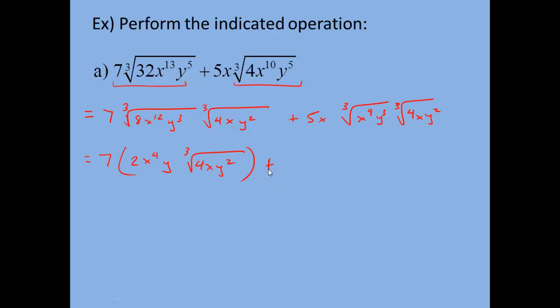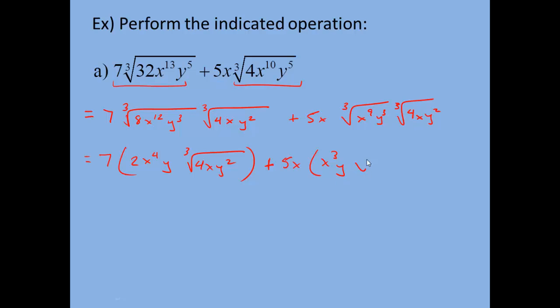Plus here I have 5x times, remember the first set of values are all perfect cubes, so the cubed root of them should come out nicely. So x to the 9th, taking the cubed root, remember it's 9 divided by 3, divide the exponent. So that makes x to the 3, y to the 3 divided by 3 makes that y.